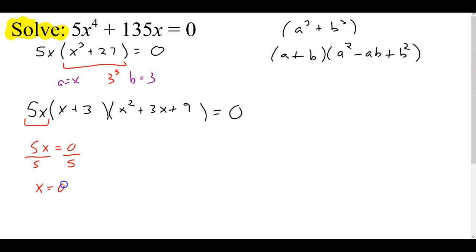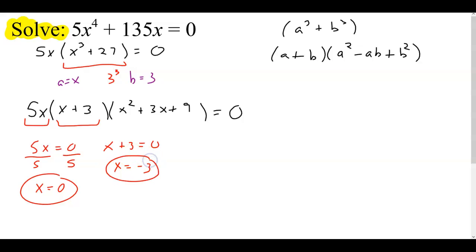Anywhere there's an x, there's an answer. So 0 divided by 5 is 0. Now the next factor is x plus 3. So that one's nice and easy. If we set x plus 3 equal to 0 and solve for x, we'd subtract that 3 over and we get negative 3. So far we've gotten 2 answers.